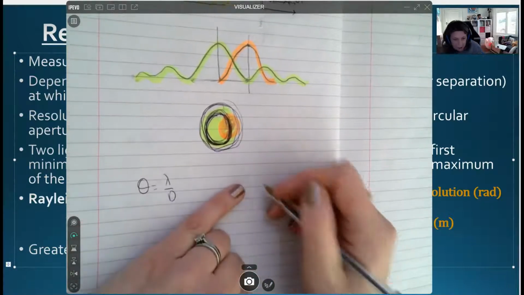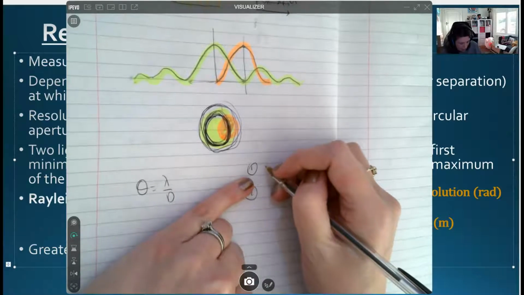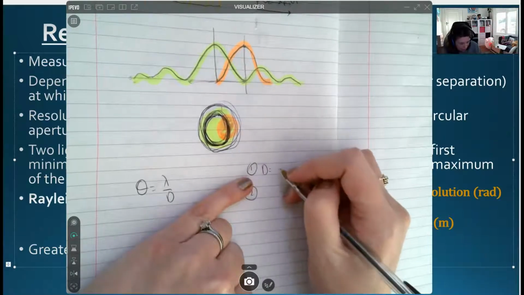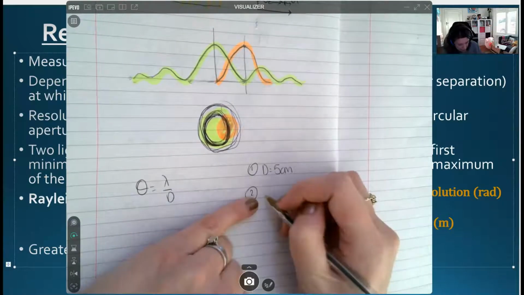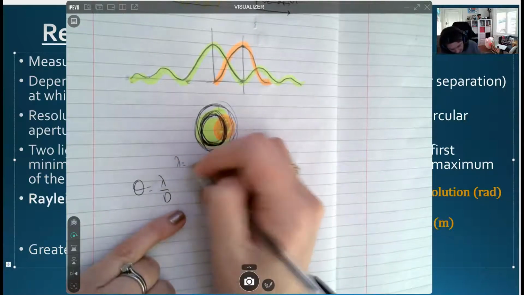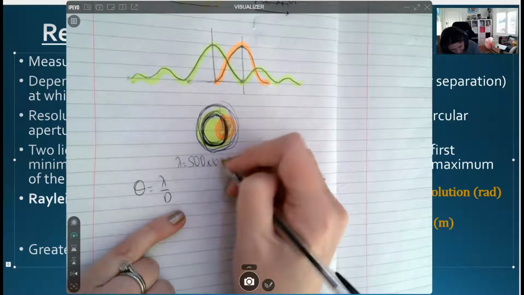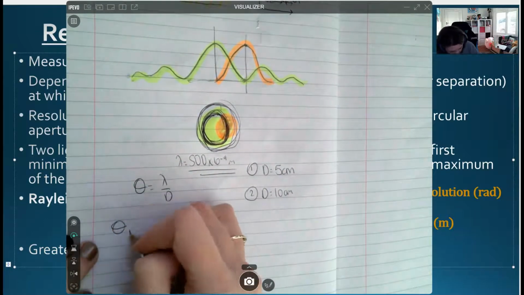If we have two telescopes, and one has an aperture diameter D of, I don't know, 5 centimeters, and the other has 10 centimeters, and you're looking at a wavelength of 500 nanometers, let's look at the Rayleigh criterion.